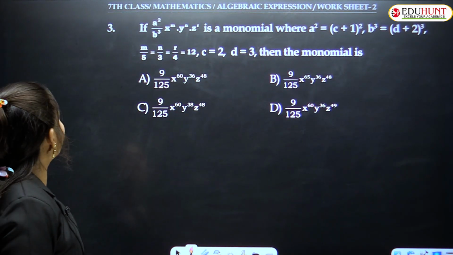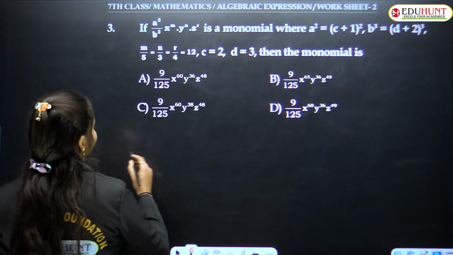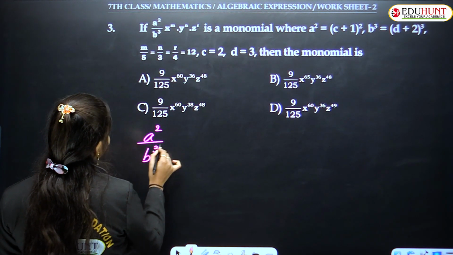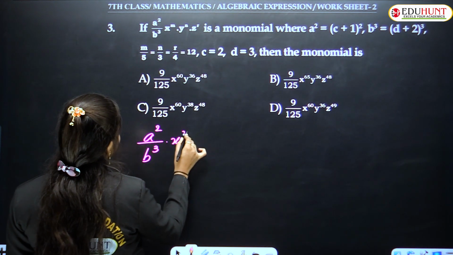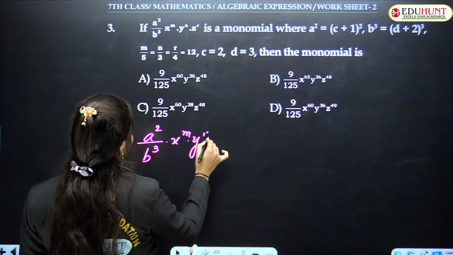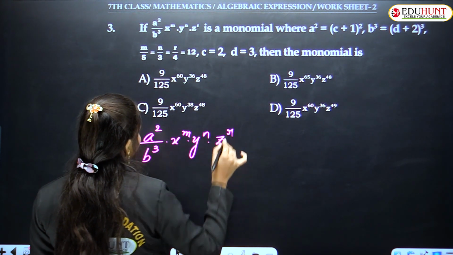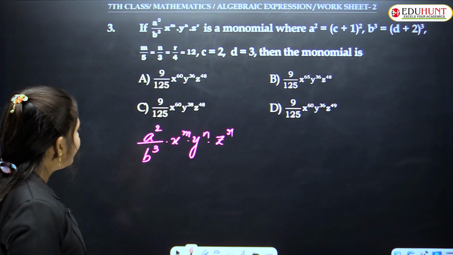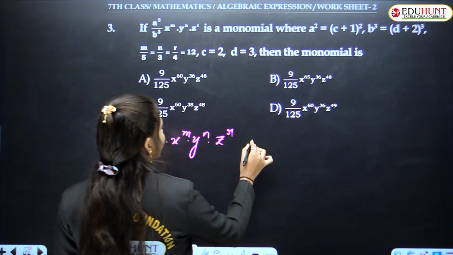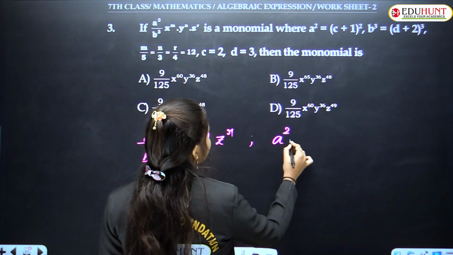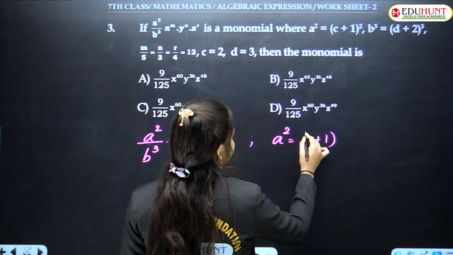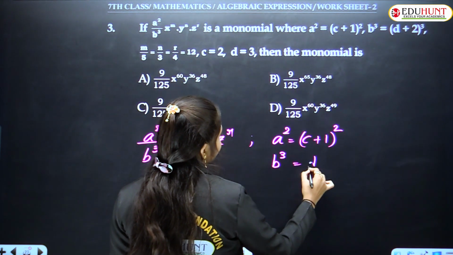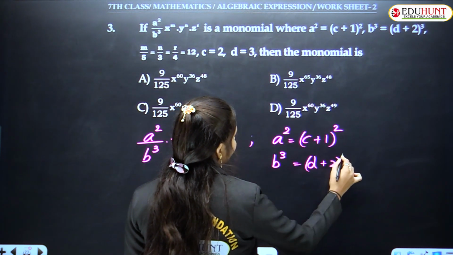What is that? If a square by b cube into x power m, y power n, z power r is a monomial, where a square is equal to c plus 1 whole square, and b cube is equal to d plus 2 whole cube.